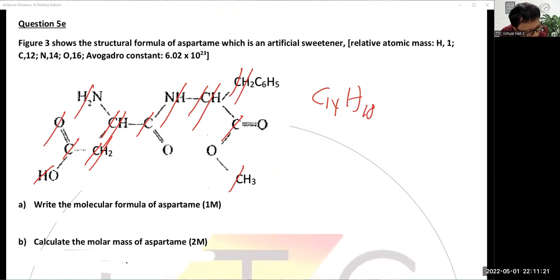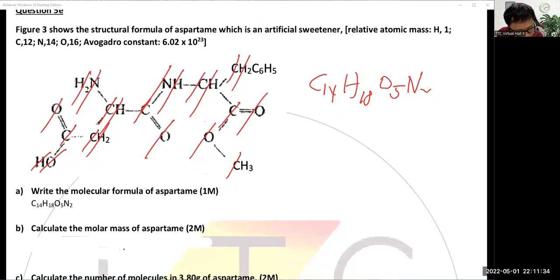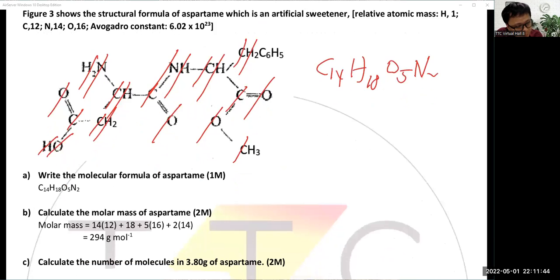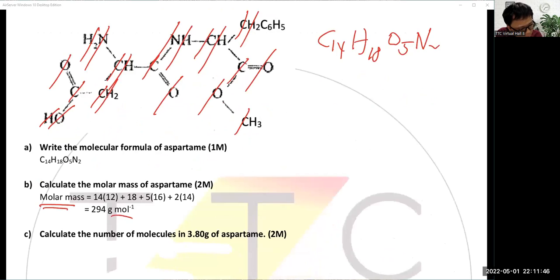And O is 1, 2, 3, 4, 5. Then N will be 1, 2. Okay, so this is the molecular formula. Then calculate the molar mass. So take carbon 12, hydrogen 1, oxygen 16, and nitrogen is 14. You calculate the mass will equal 294. Remember, molar mass has unit.